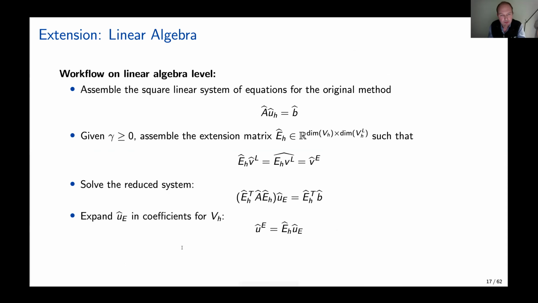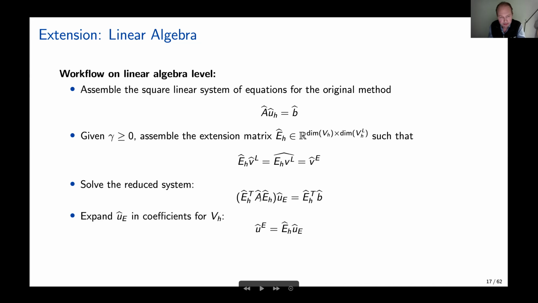So if you just look at how to implement this, then we build the linear system of equations without any extension operator, and essentially we implement the matrix representation of the extension operator. And then we can set up a reduced system. So this matrix representation, of course, will be rectangular.